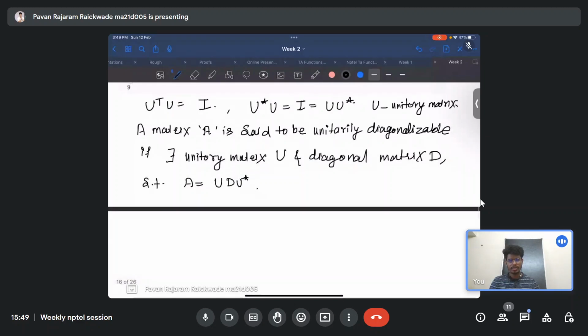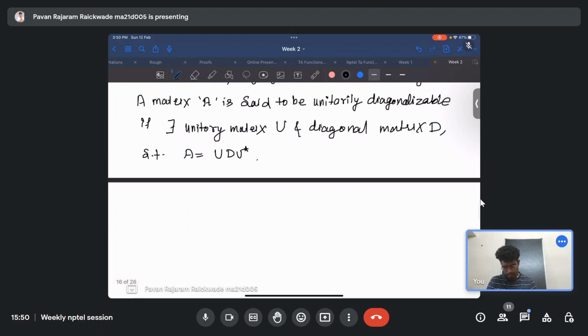There is a big theorem in linear algebra called the spectral theorem, which says that every normal matrix in the complex plane is unitarily diagonalizable. A special case of that theorem in the real case is that every real symmetric matrix is unitarily diagonalizable.